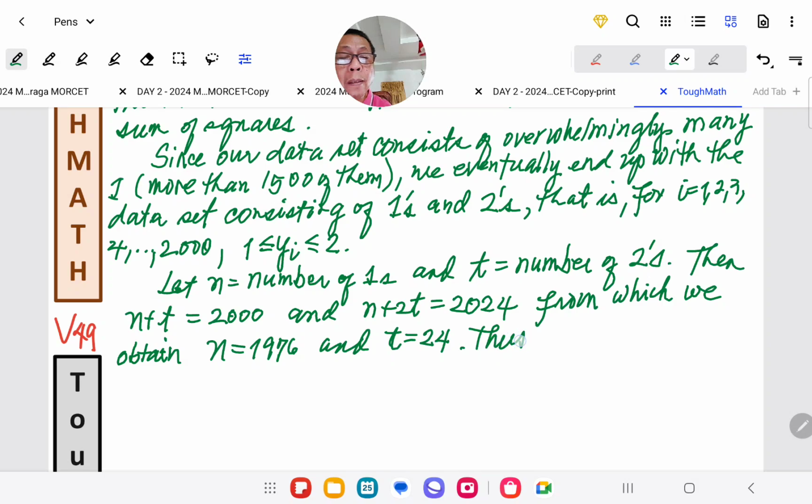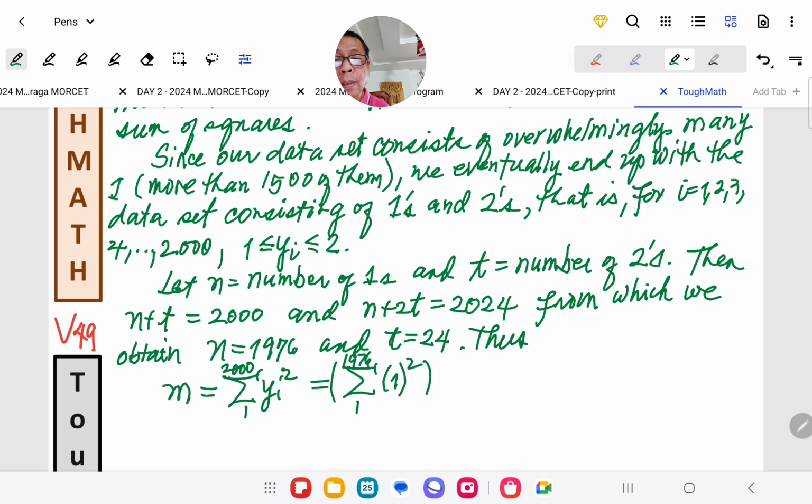Thus, small m, the sum of squares of this new data set, is equal to the sum of 1 to 1,976 of 1 squared plus the sum of the squares of 2, 1 to 24.